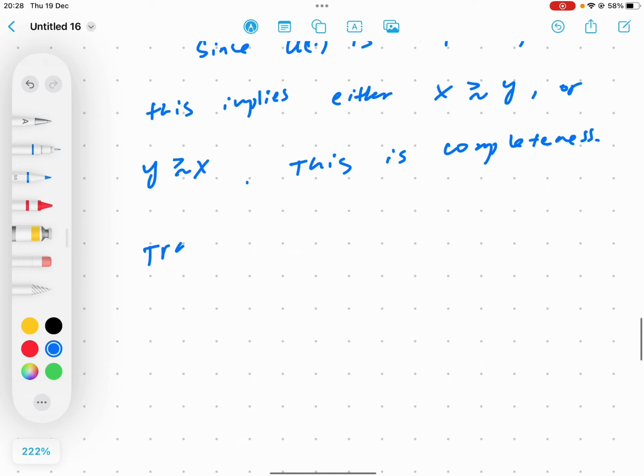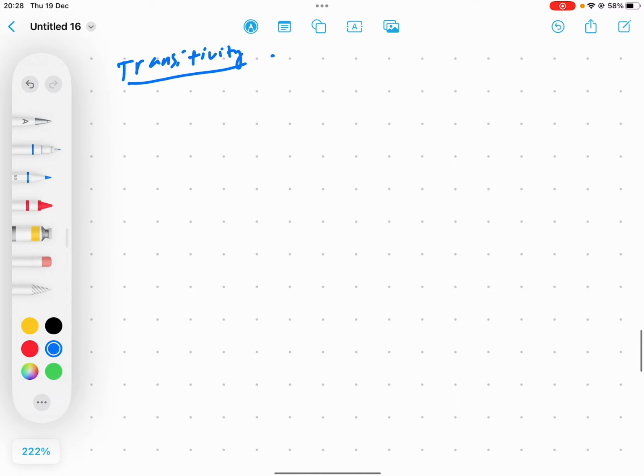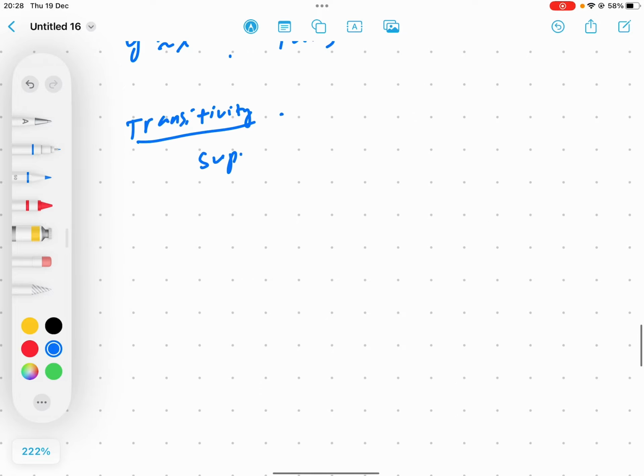How about the transitivity? It will follow a similar approach. For the transitivity, now let's suppose that x is weakly preferred to y, and y is weakly preferred to z.